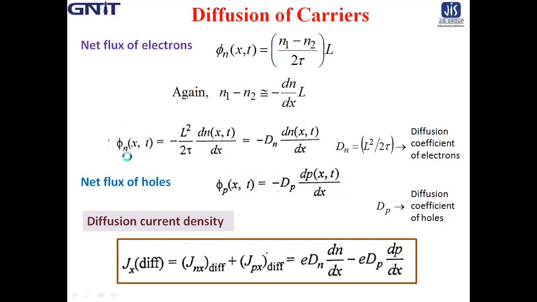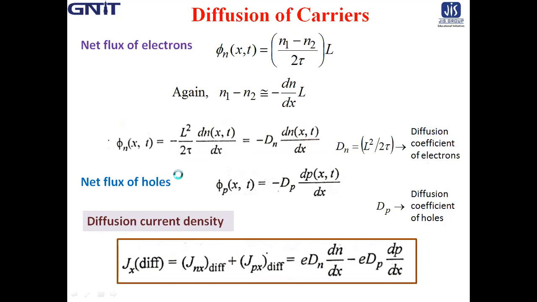And after putting this, we get phi n(x,t) equal to minus Dn dn(x,t)/dx, where we have assumed Dn equal to L square by 2 tau, which is known as the diffusion coefficient of electrons, which depends on the collision parameters L and tau.